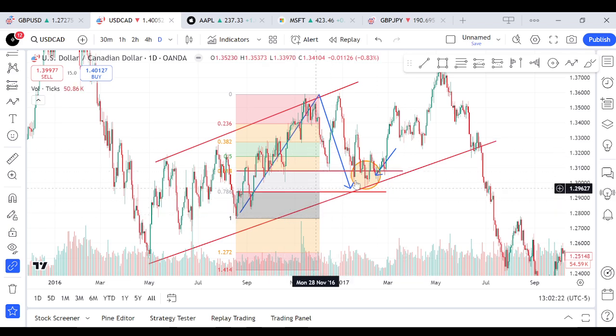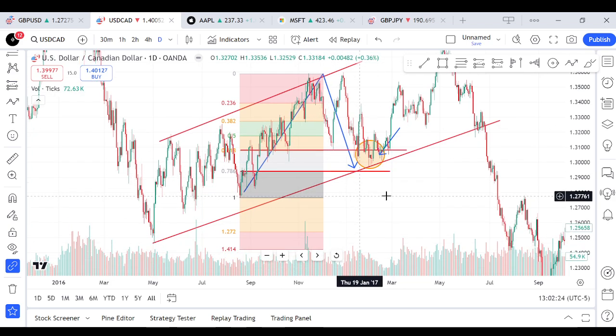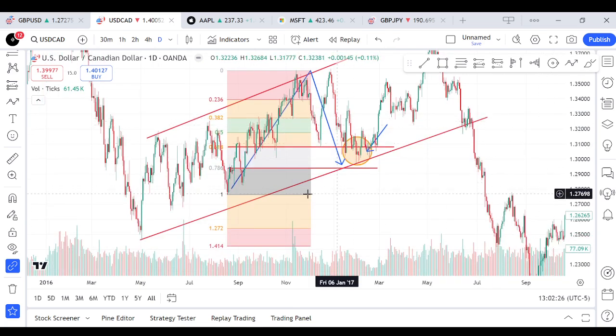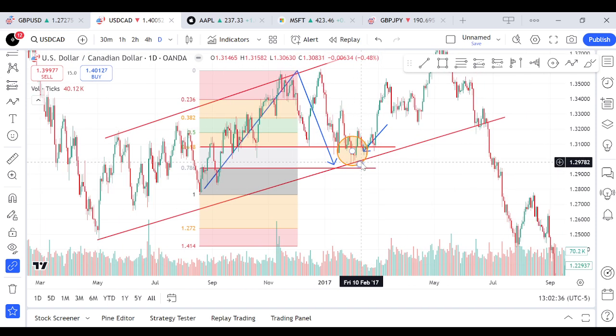You can see price was almost unable to break through the 61.8% to the 78.6%. So we had this consolidation within that range, showing that price might actually be looking to buy.